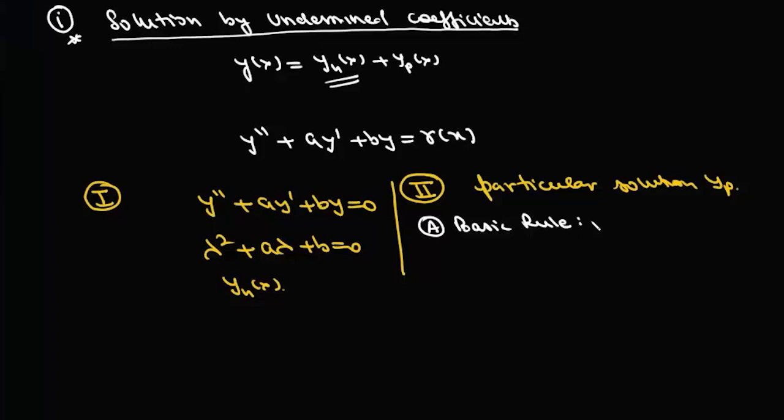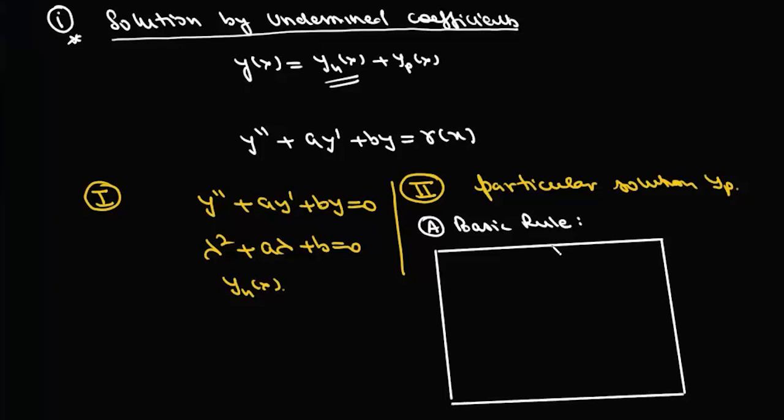So we need to remember this table. So we have r(x), and for each r(x), we write the choice of yp.